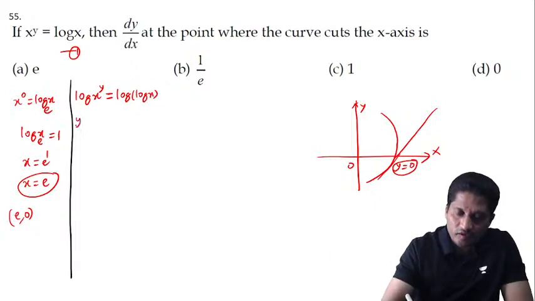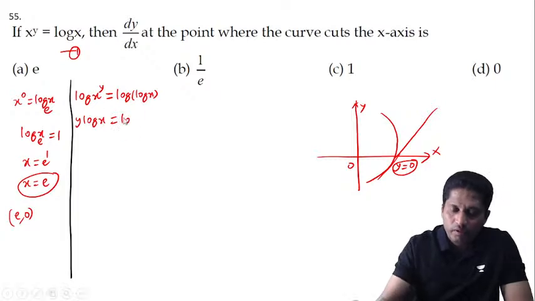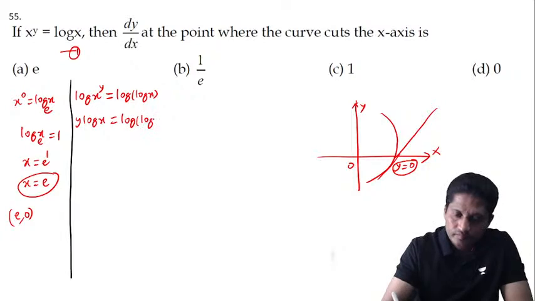Log m power n is n log m, so you get y log x is equal to log of log x. Now if I differentiate, first function is y, log x is 1 by x, plus second function is log x, and differentiation of y is dy by dx, is equal to log of log x is 1 by log x, and differentiation of log x is 1 by x.